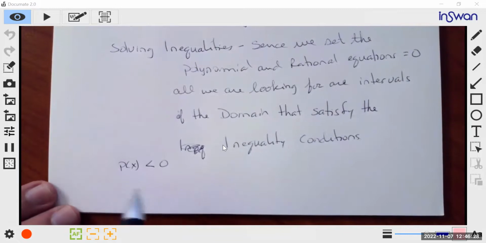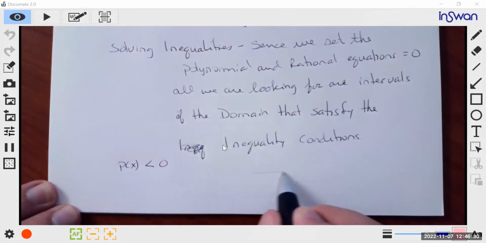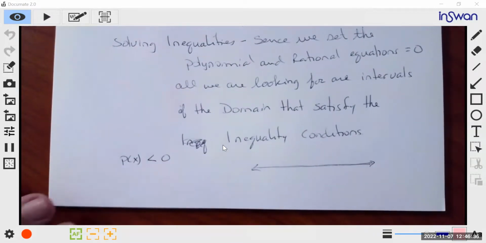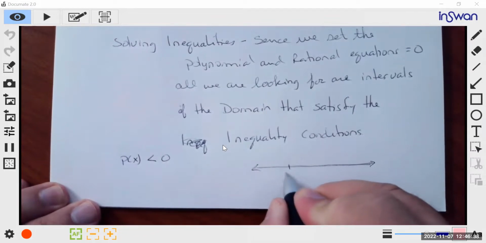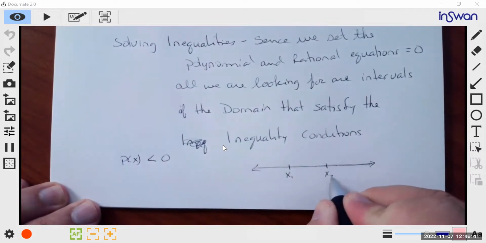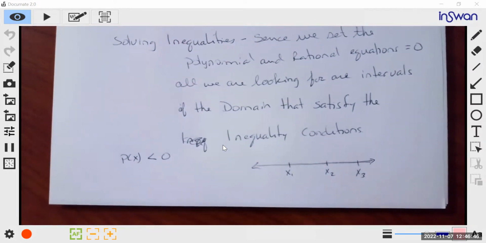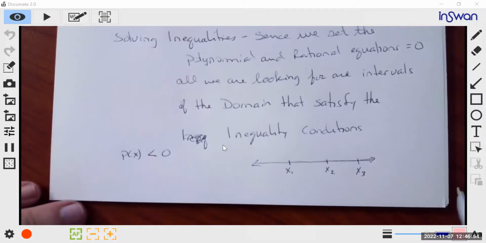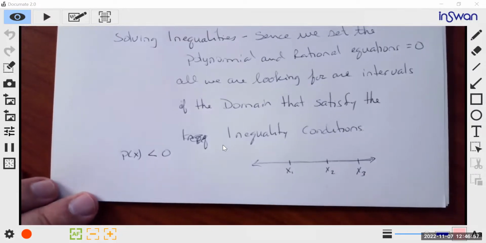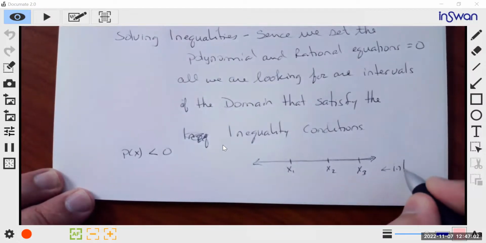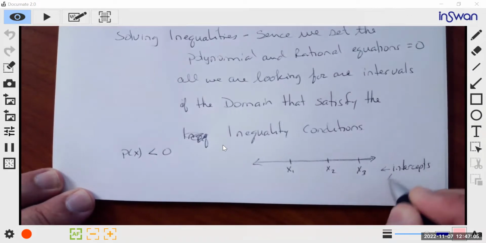What this is telling us is that once we find the zeros, the intercepts, these are the intercepts or the zeros.